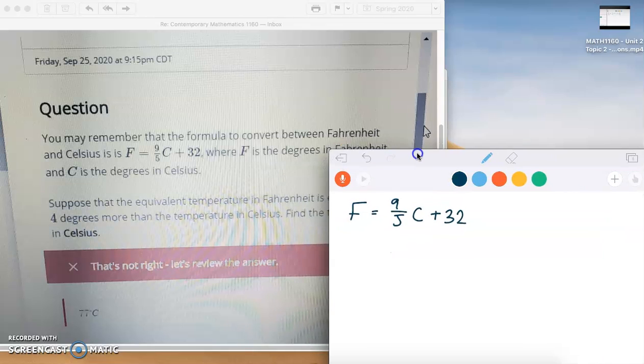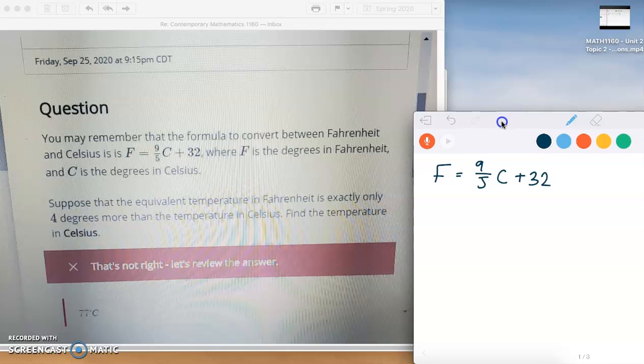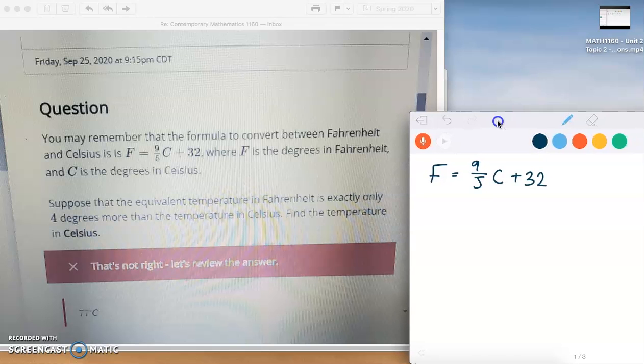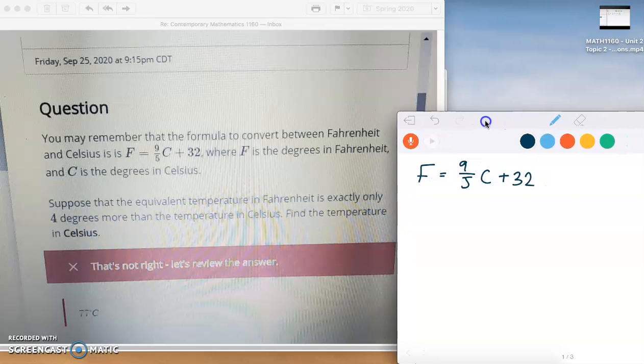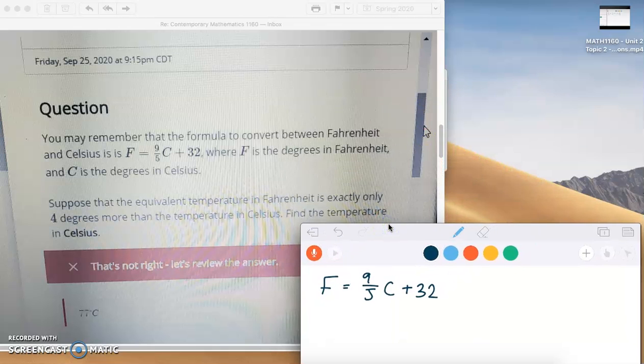It says, suppose that the equivalent temperature in Fahrenheit is exactly 4 degrees more than the temperature in Celsius. Find the temperature in Celsius. So what they're saying, that wording means there's some Celsius and corresponding Fahrenheit where the degree in Fahrenheit is exactly 4 degrees more than the temperature in Celsius.